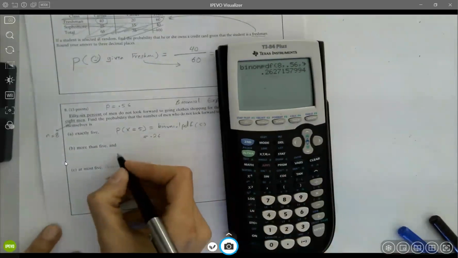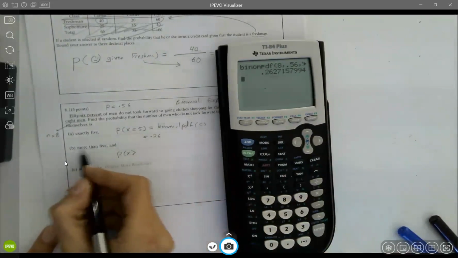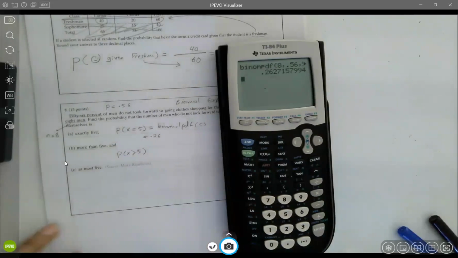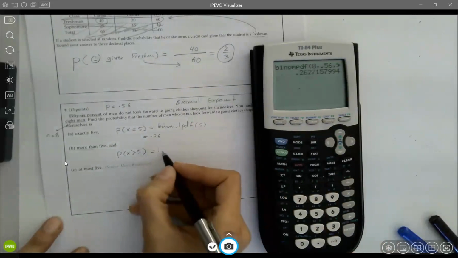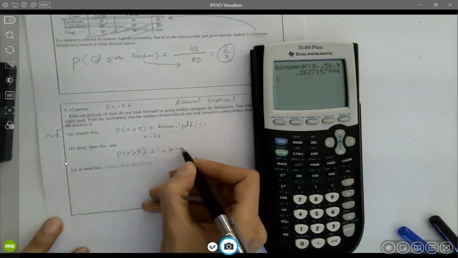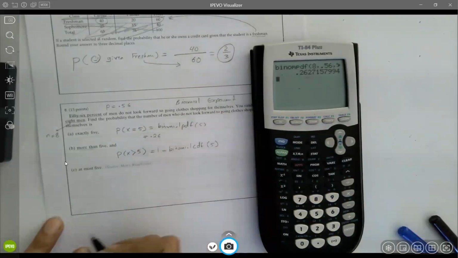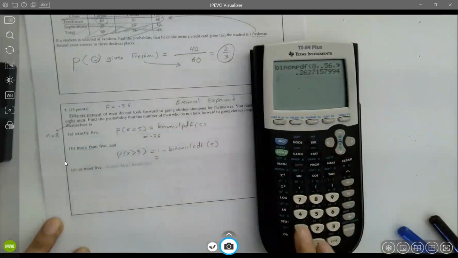The second one says, what's the probability that x is more than 5, with no equality. Remember, this is equivalent to saying that you have 1 minus binomial CDF of 5. Let us do the calculation. First of all, we need to do the subtraction.